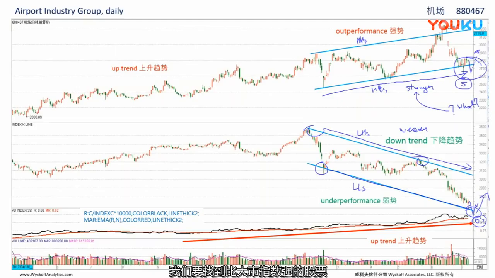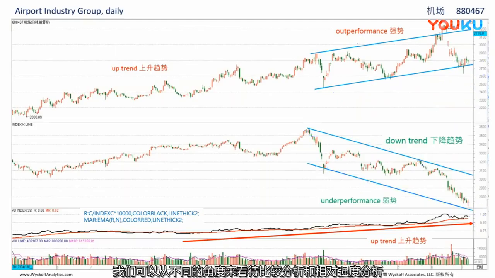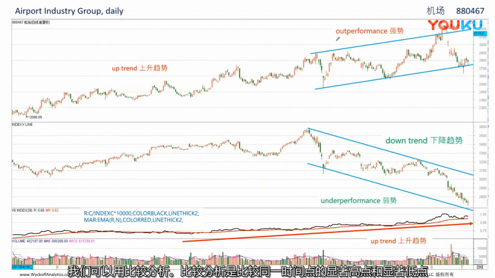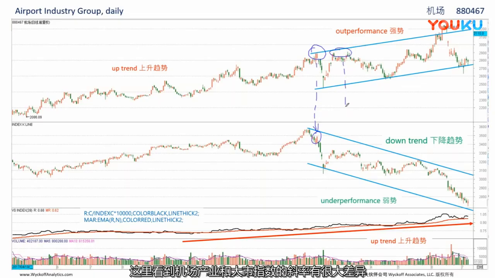That's the main idea. Now we could look at the comparative analysis and relative analysis from different perspectives. The comparative analysis would be using the significant highs, synchronized significant highs to significant highs, and we could see that the slope is so different for the airport industry group.